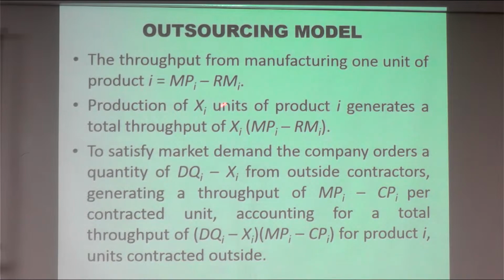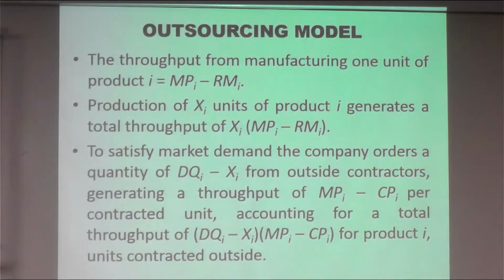So if I go for producing 1 unit, the throughput is the selling price, the market price, minus the raw material price. How much quantity am I producing? Xi. Xi is the quantity of type I that I am producing.